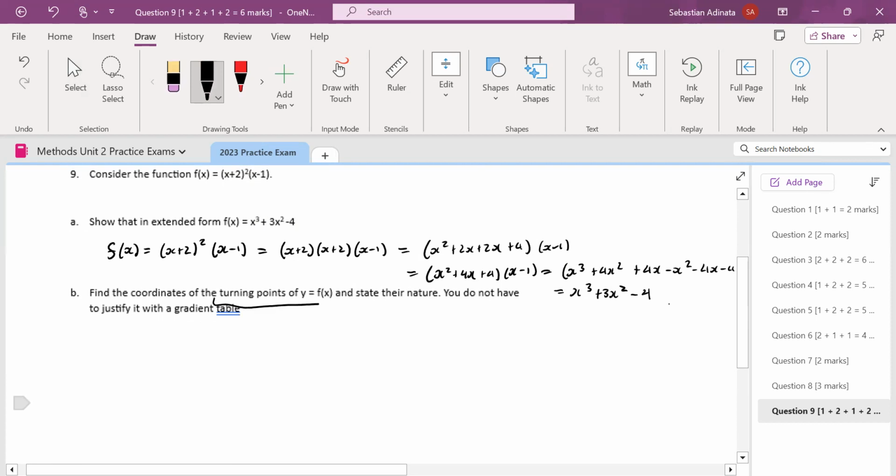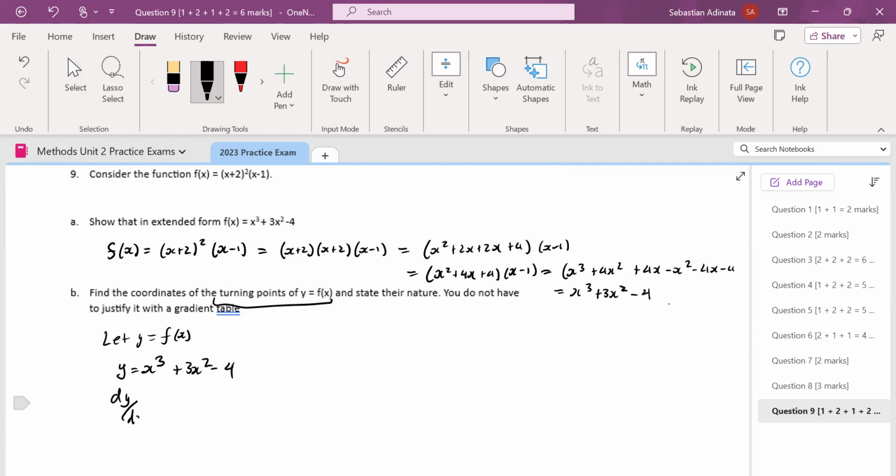Now, whenever we think of turning points, a turning point appears when the gradient is 0. In other words, whenever we find what x is when the derivative equals 0. So let y equal f of x, as the question has already said, y equals x cubed plus 3x squared minus 4.